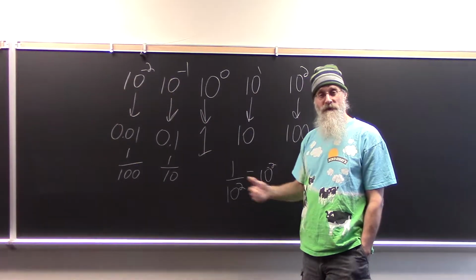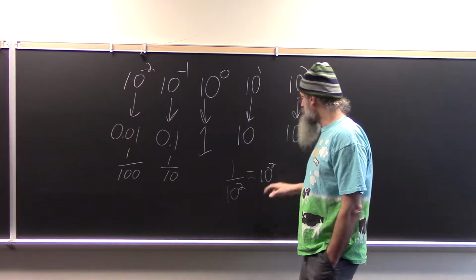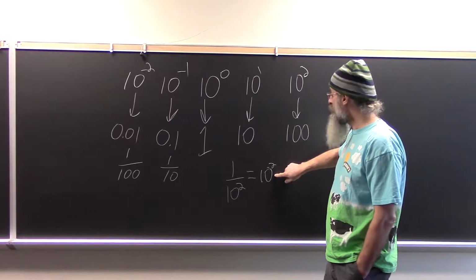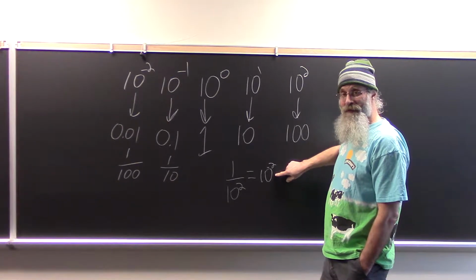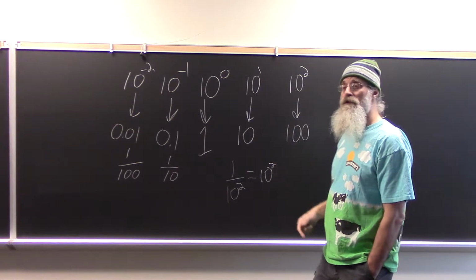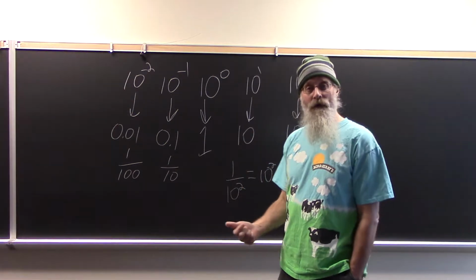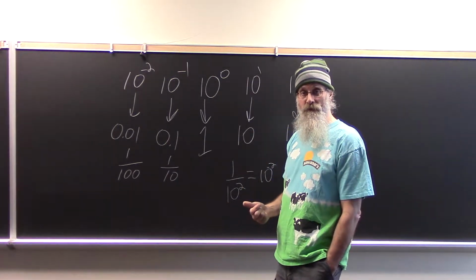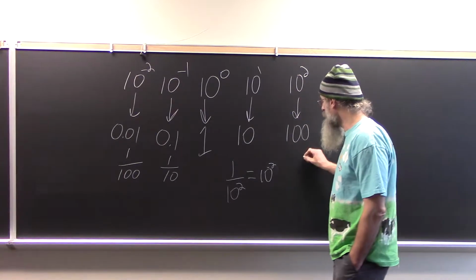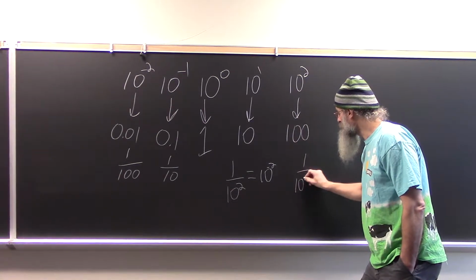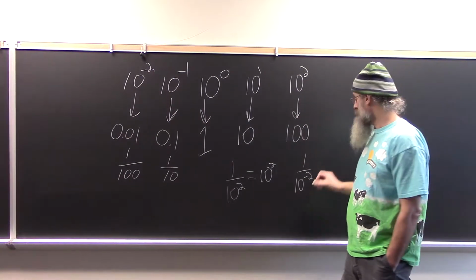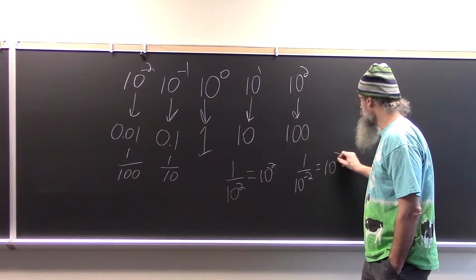Okay? So there's a symmetry here of sorts. If you take something that has a positive exponent and you divide that into 1, then you get the negative exponent. And the opposite is true as well. If you took 1 over 10 to the minus 2, that would be equal to 10 to the 2.